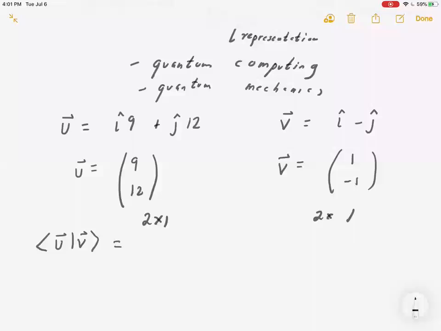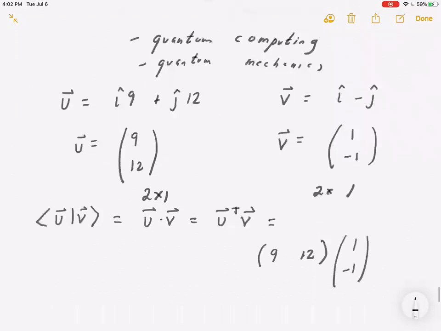Well, it turns out it's the same thing as the dot product of u with v, and that's the same thing as the transpose of u times v. I know what u is, and I know what v is. So the transpose of u is simply going to be that vector. v is not changed at all. Vectors are matrices.